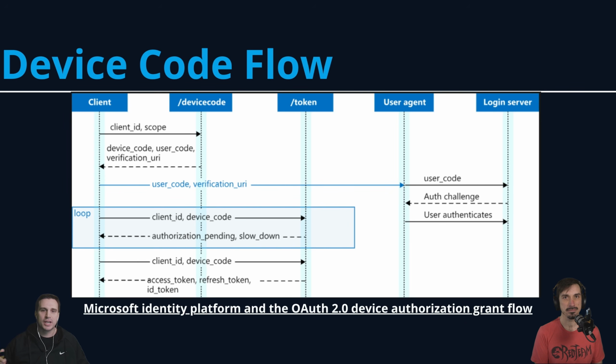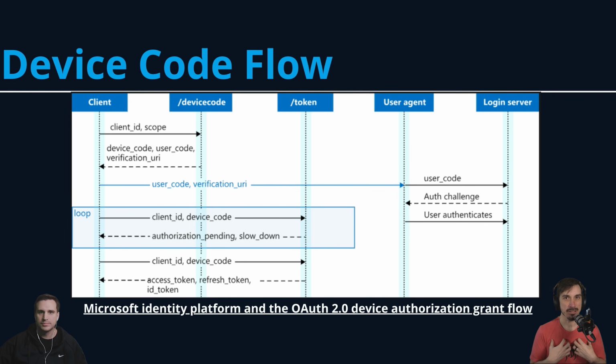Once it has, we're going to get back an access token, a refresh token, and an ID token, and we will have finished our authentication on that server. We can now use Azure CLI to begin to interact with any of our Azure resources and conduct our usual work. So now let's hop over and get into a live demo of this working.